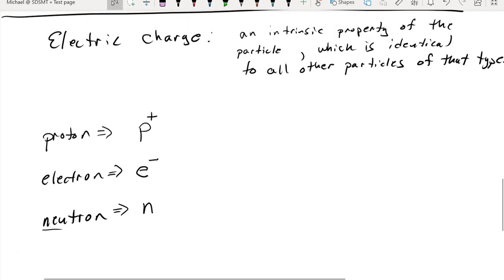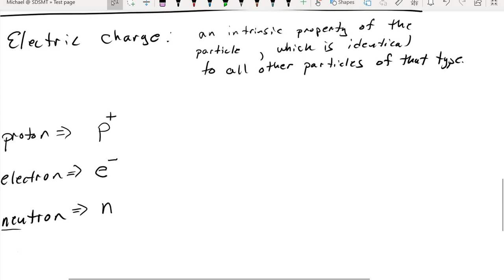The next question would be if the proton has positive charge, and if we're treating the plus minus signs like numbers on a number line, is there a certain amount of charge associated with these particles? And the answer is yes. It turns out that electric charge is quantized. So what does that mean?